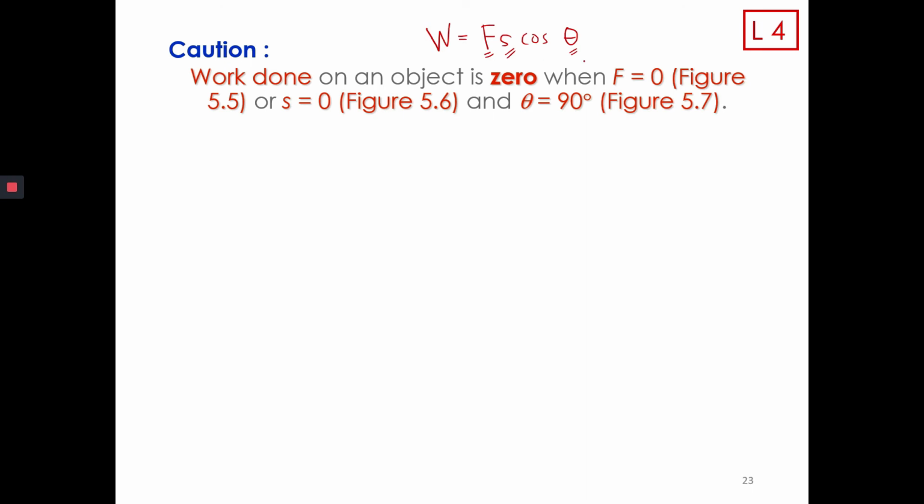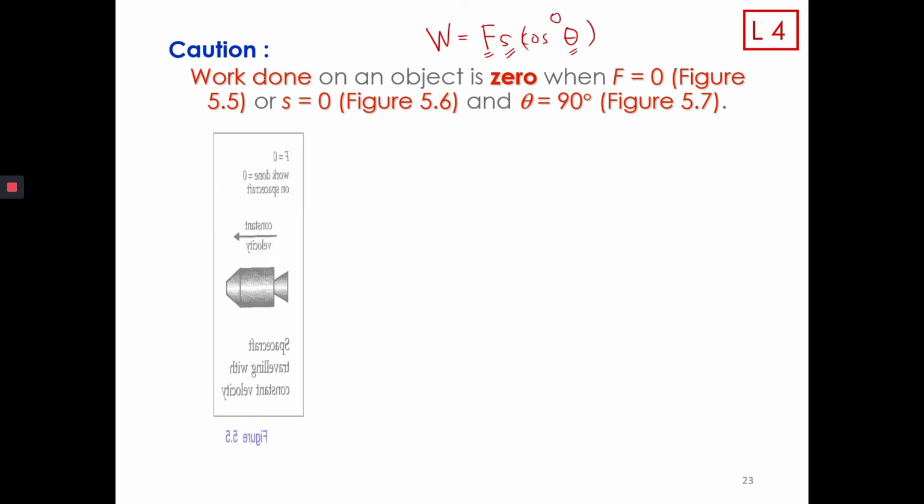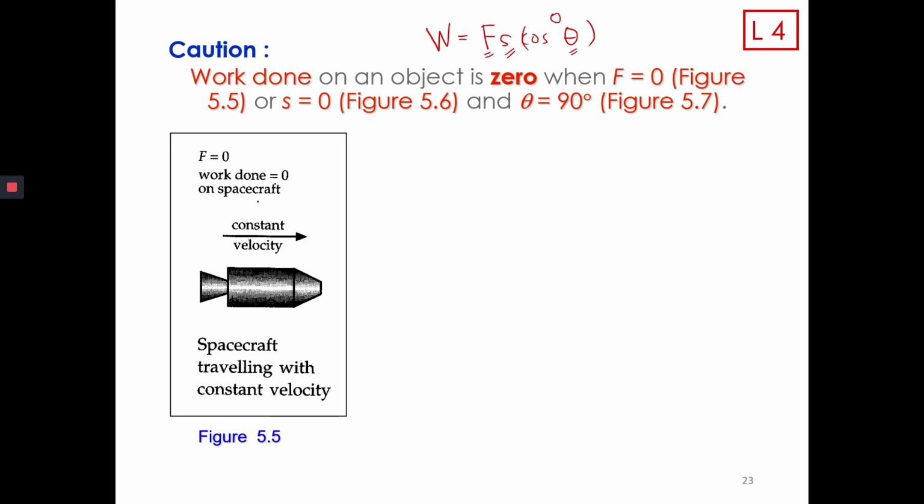Your work done can be 0 either when F equals 0, or your displacement equals 0, or your theta equals 90, which will give you cos theta equals 0. For example, force 0 when you have a constant velocity. Constant velocity gives acceleration equals 0, and with F equals MA, A equals 0 gives you force equals 0. So first, when your acceleration equals 0, constant velocity.